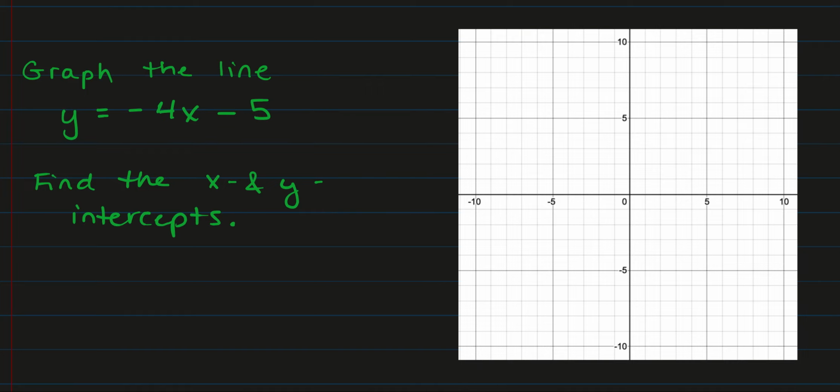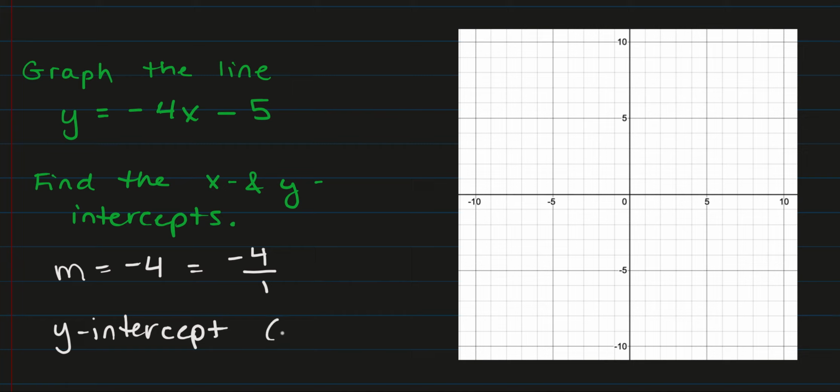Alright, let's write down some important information. First off, the slope is -4, which is also -4 over 1. The y-intercept is 0, -5, this number right here.